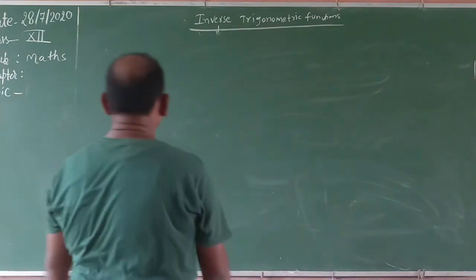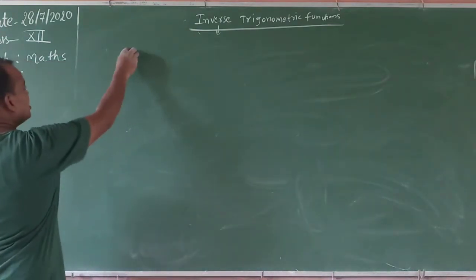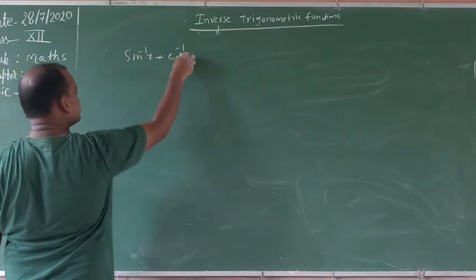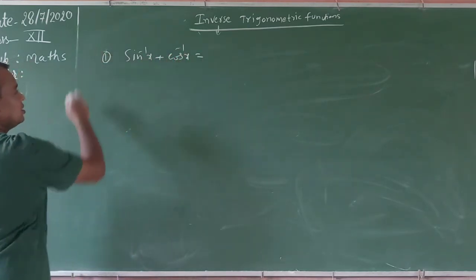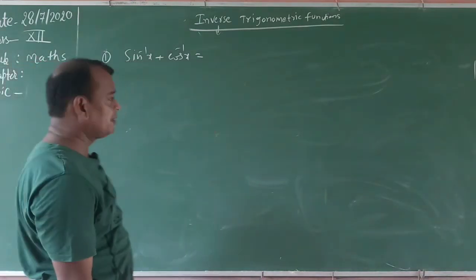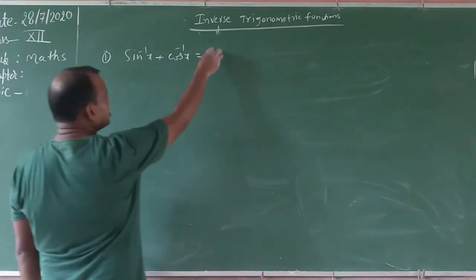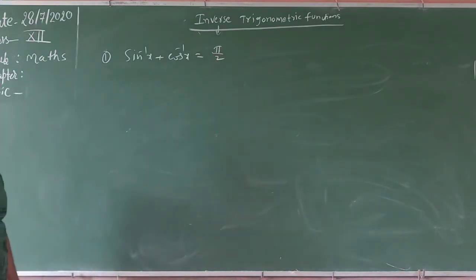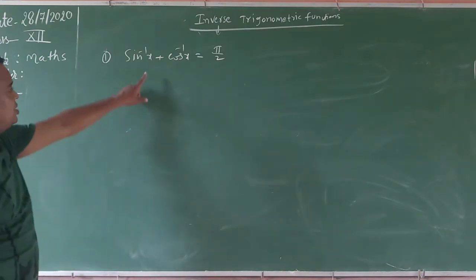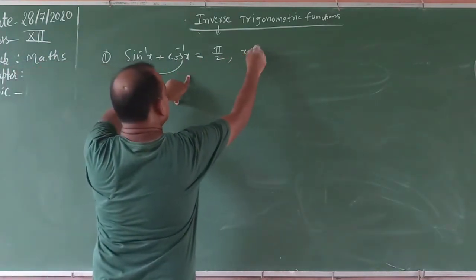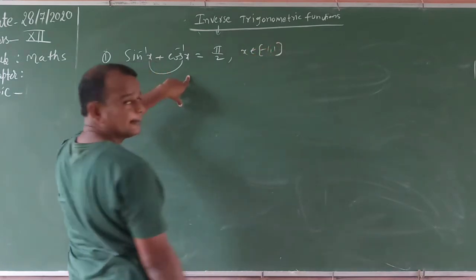The first one: sin inverse of x plus cos inverse of x is equal to pi by 2, where x belongs to the closed interval minus 1 comma 1.